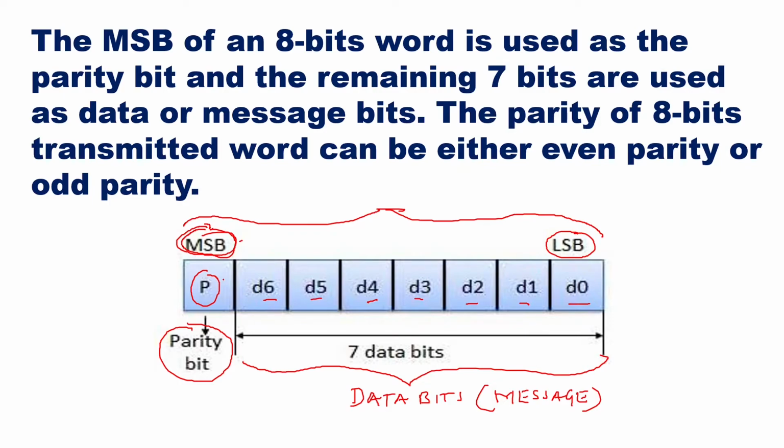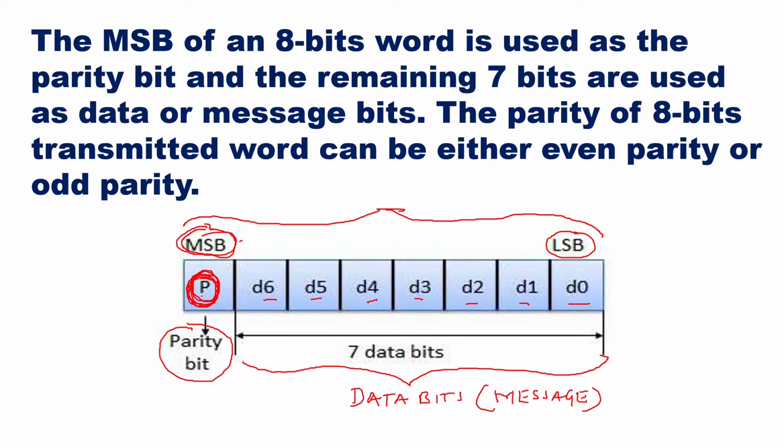Whenever you send from the transmitter, this bit will indicate whether the complete code word has odd parity or even parity. You can indicate that by either logic 0 or logic 1, depending on your application and your system.